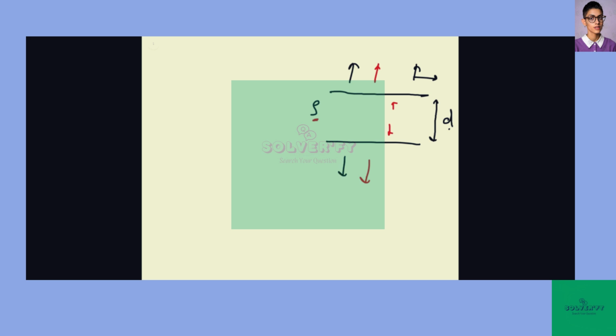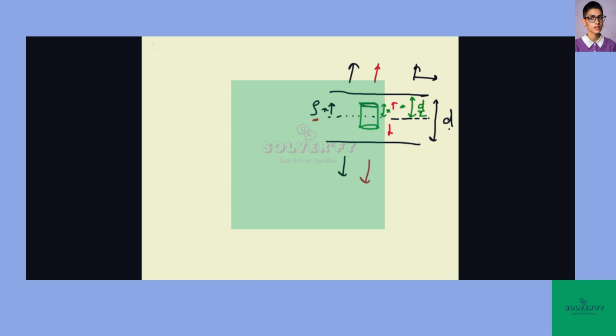So now, because this is our origin, and we want to find the field at distance x, consider a cylinder surface which looks something like this. This distance is x, obviously, and this distance is d by 2.